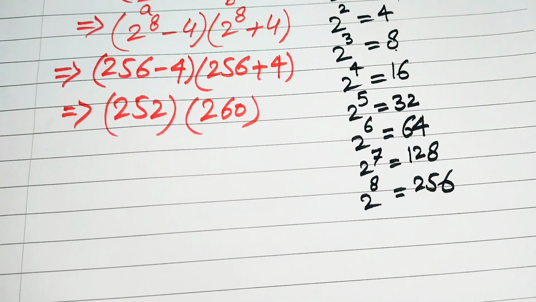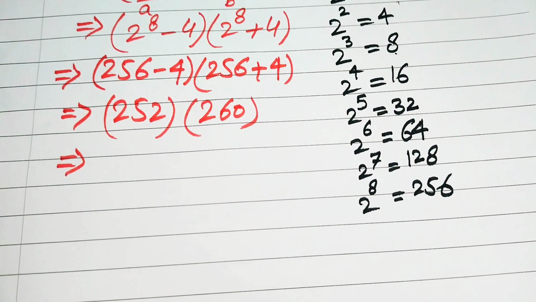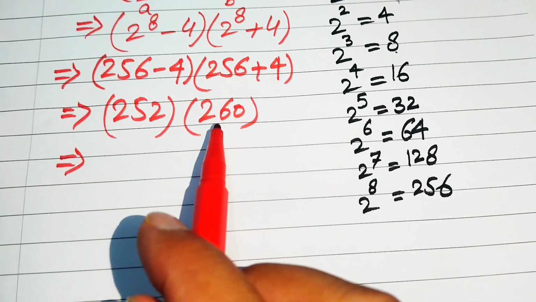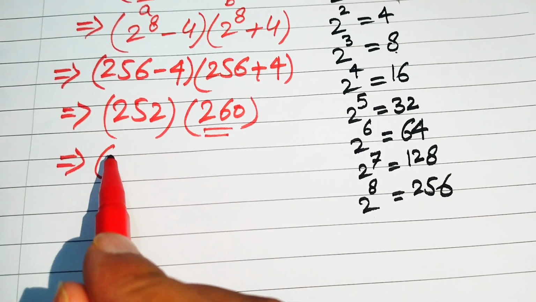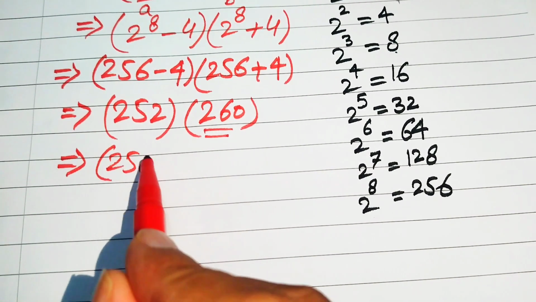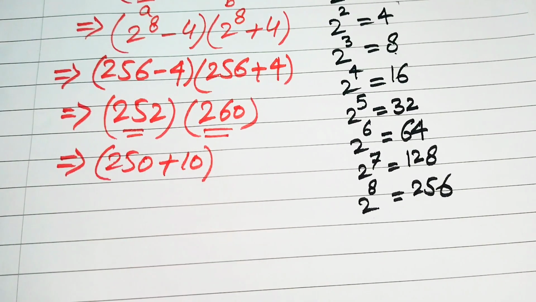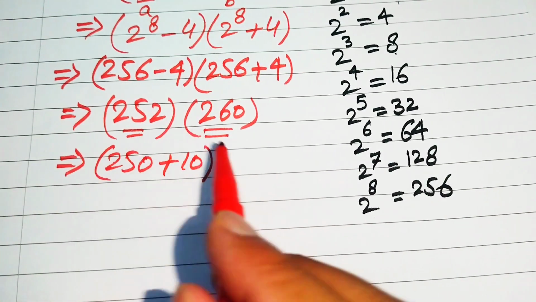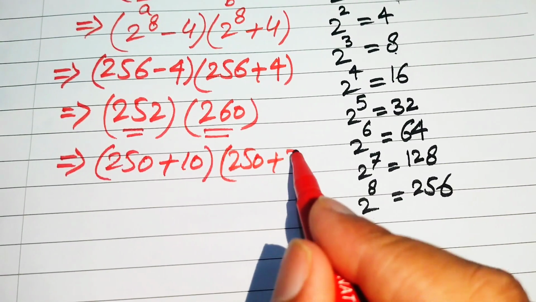After that we rewrite both values: first 260 as 250 plus 10, and 252 as 250 plus 2.